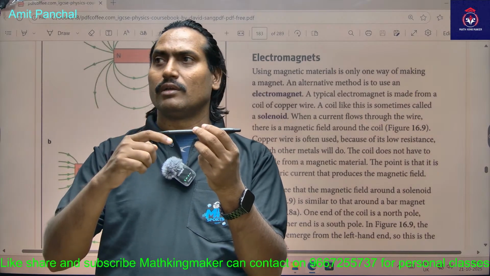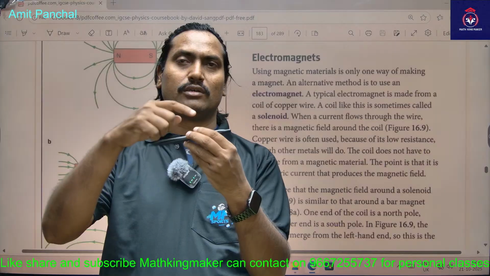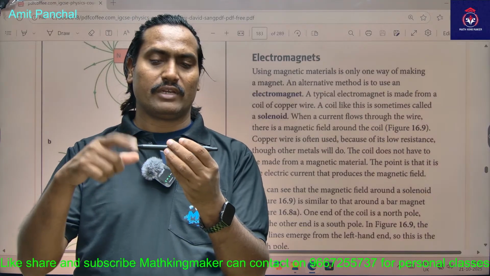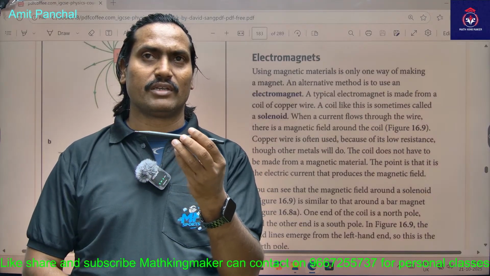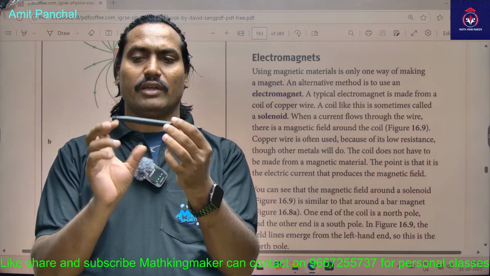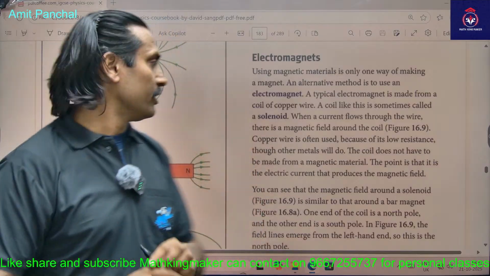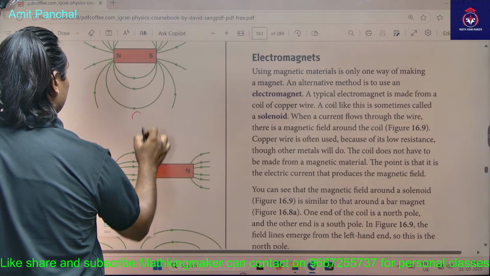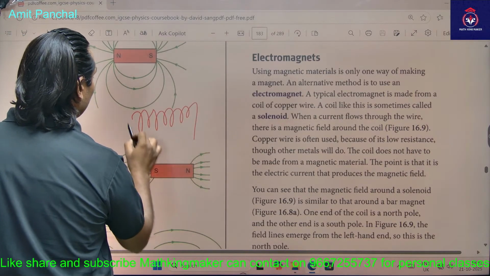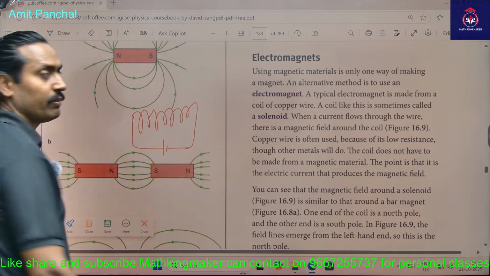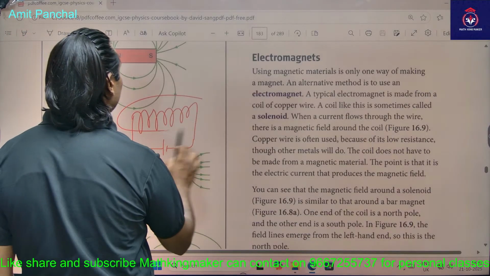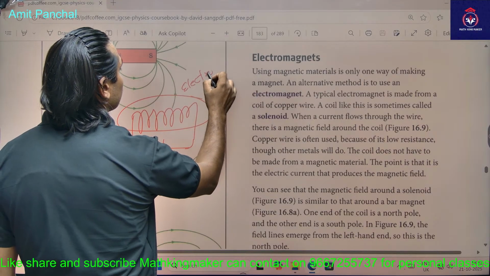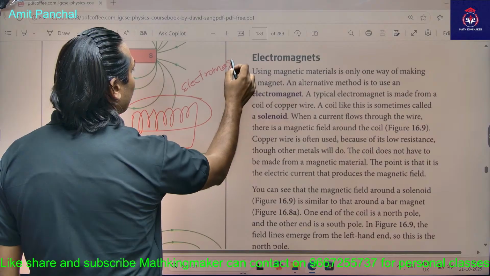We make some turns of copper wire. If we wrap insulated copper wire over that magnetic material and give it a supply, like connecting a coil with a battery or supply, it will behave like a magnet; it will be magnetized.